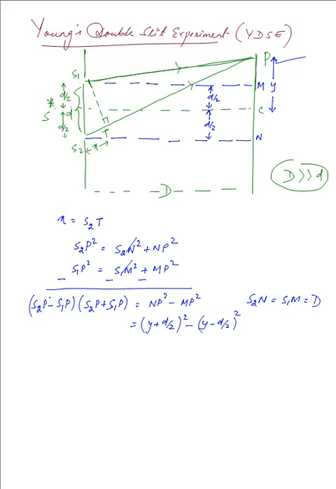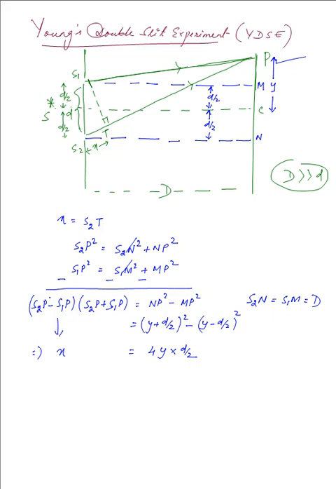And this is going to give me a plus b squared minus a minus b squared, which is 4ab. So this is 4 times y times d over 2. And on the left hand side, what we have got is S2P minus S1P, as we know it is x.